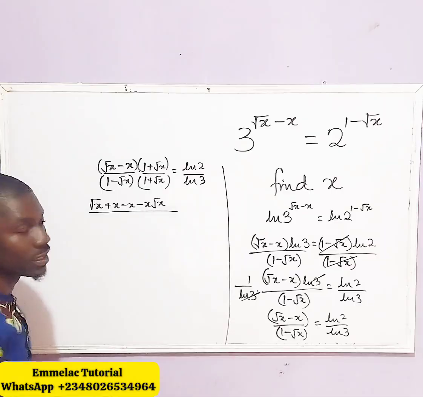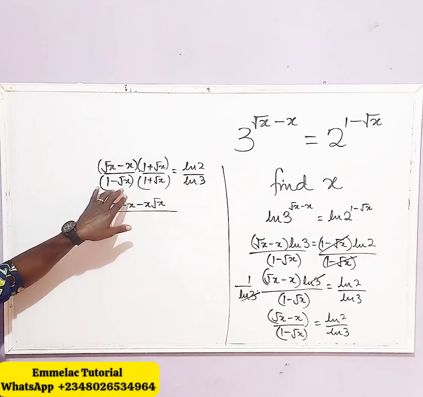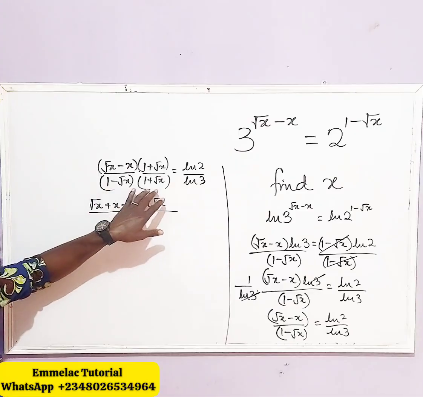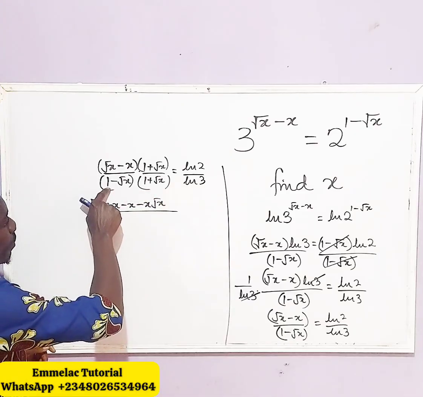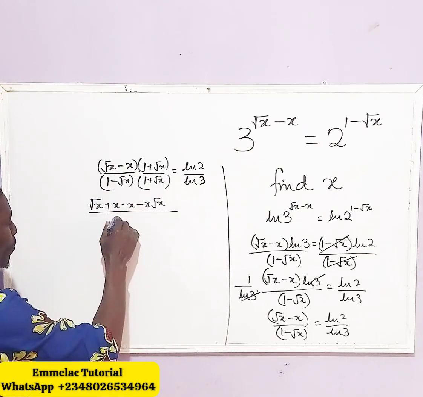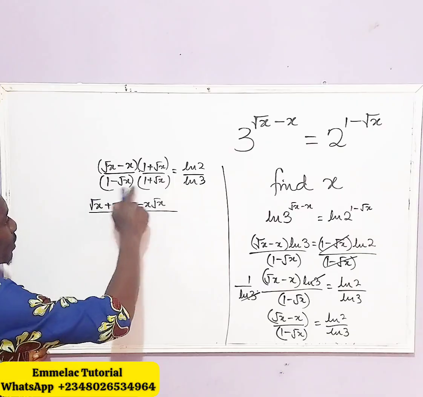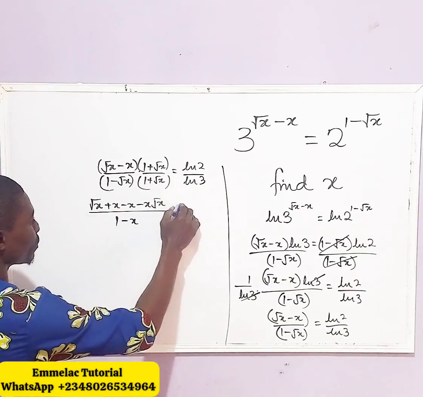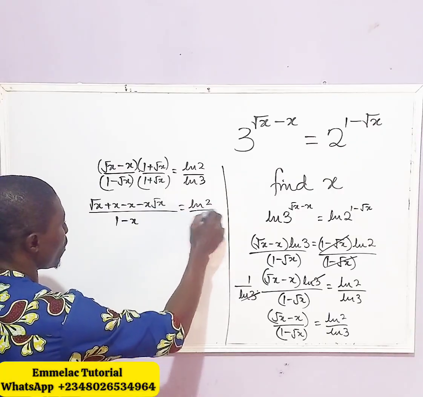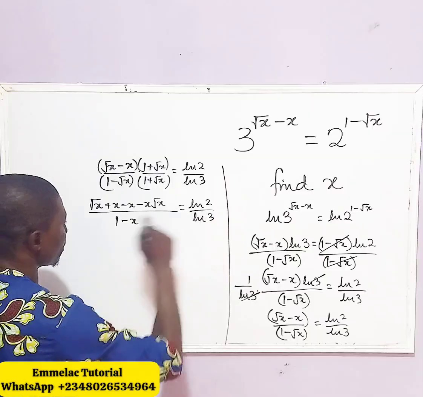Then all over, when a term is multiplied by its conjugate, 1 times 1 gives 1, and the negative root of x times the positive root of x gives negative x, all equals ln 2 all over ln 3.